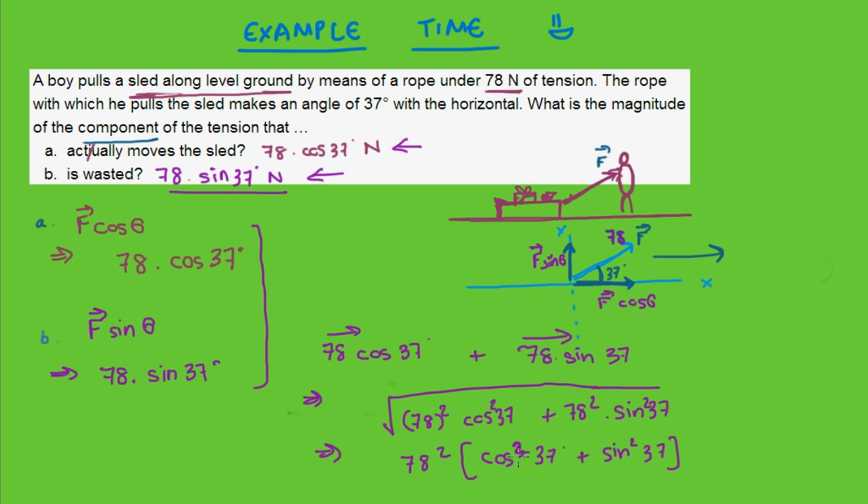And how much is cos squared theta plus sine squared theta? That is equal to 1, and the root of that gives 78 newtons. Voila, we got 78 newtons from F sine theta, that is this one, and F cos theta, this one.